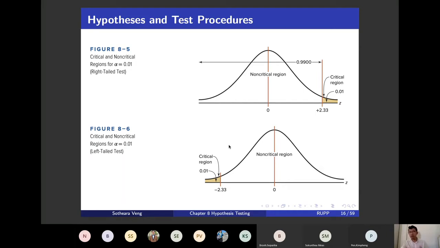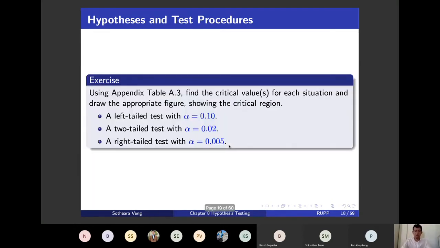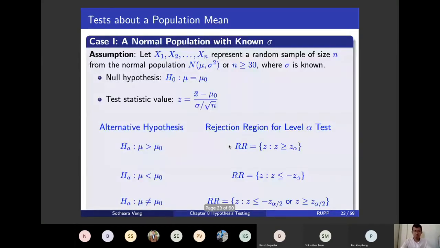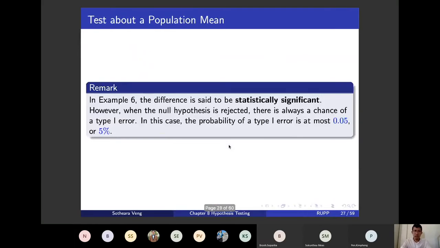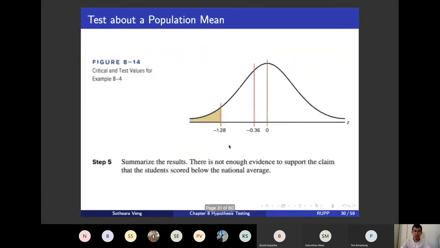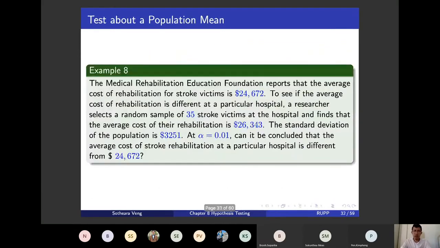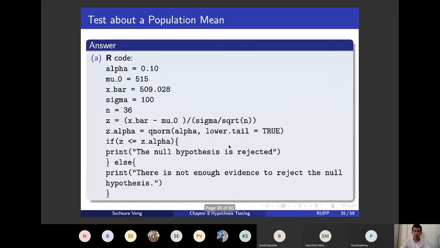Eventually you come up with two possibilities in your conclusion: whether the null hypothesis should be rejected or not. And in this lecture, we move to another thing.